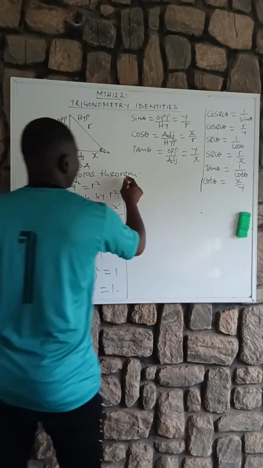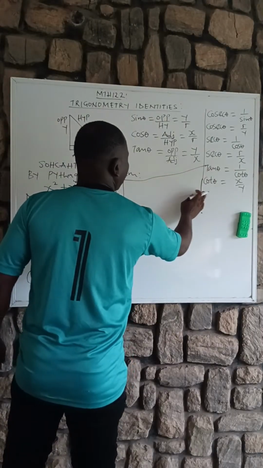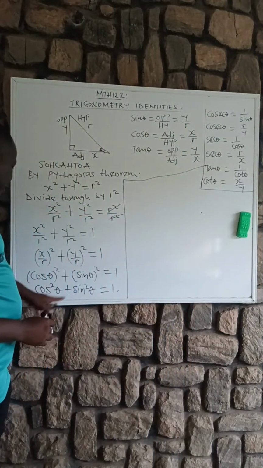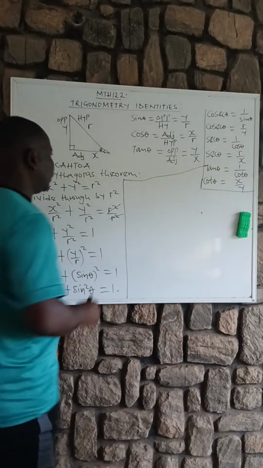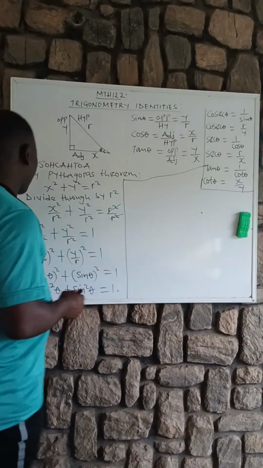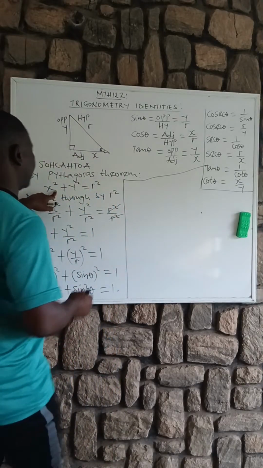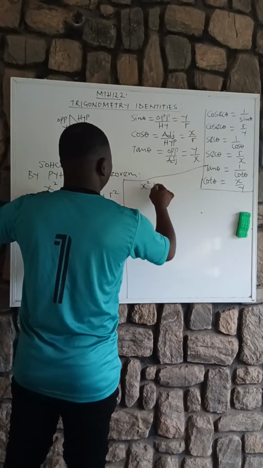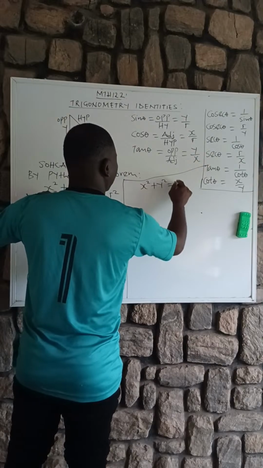So this is why we obtain cos squared theta plus sin squared theta equals 1. Then for the other identity we divide through by x squared. Let us still recall the Pythagoras theorem: x squared plus y squared equals r squared.